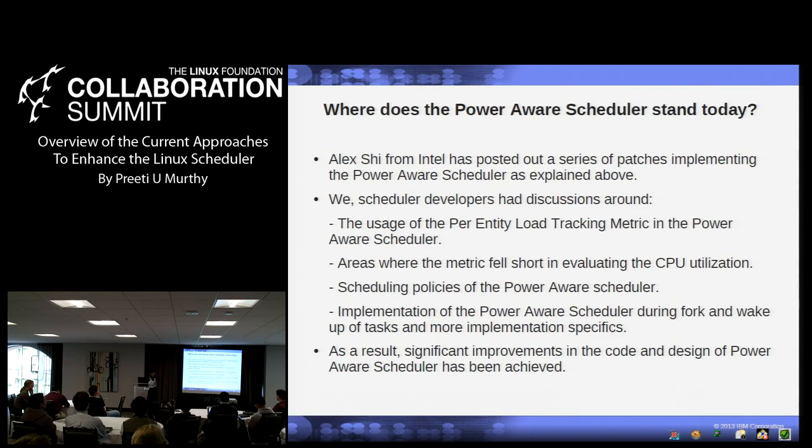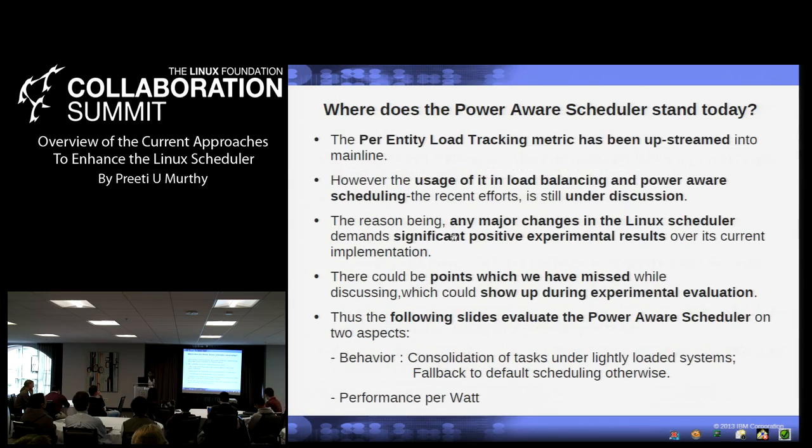As it stands today, it looks positive, but then why is it so difficult for it to get into the mainline? As was mentioned in an LWN article by Jonathan, we are touching a very significant part of Linux. Scheduling is a very core part of Linux, and if we try to change its behavior the way we are doing now, the maintainers don't really like it, nor do the developers.